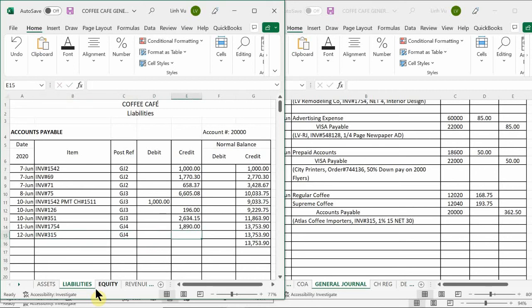On General Journal page 4, and now I owe $362.50 more. So how much do I owe in grand total now?